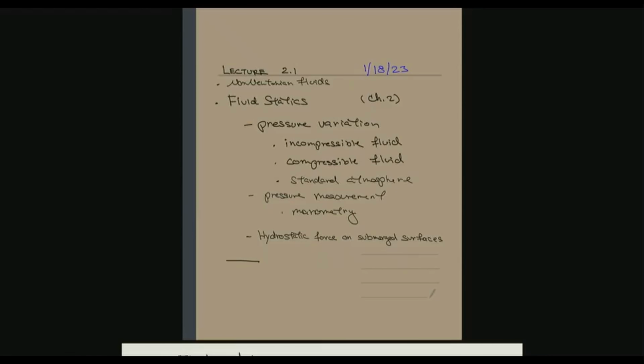So we can use our governing equation to evaluate the pressure variation through what is referred to as standard atmosphere. That's basically how the values in the table for standard atmosphere were obtained, which is a table in your appendix.